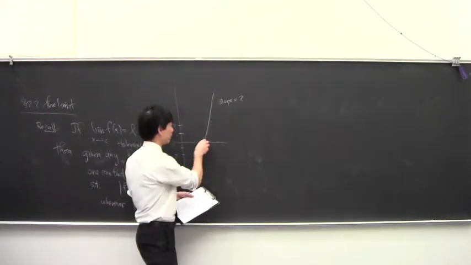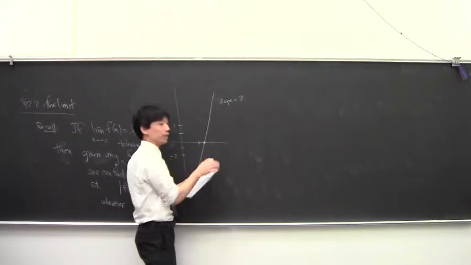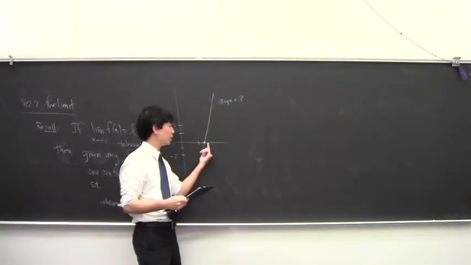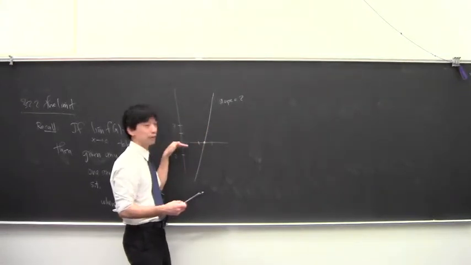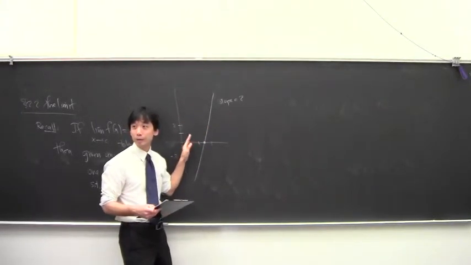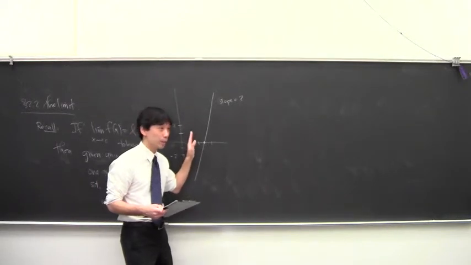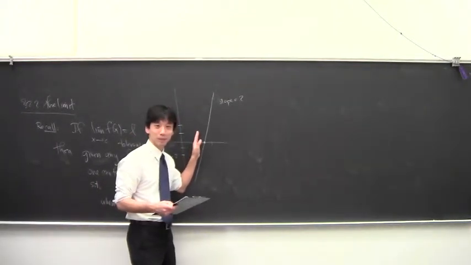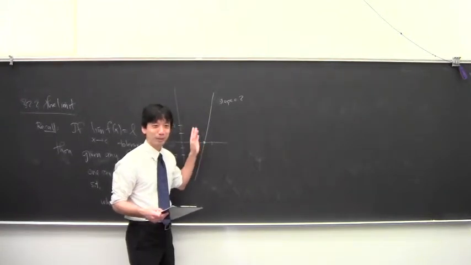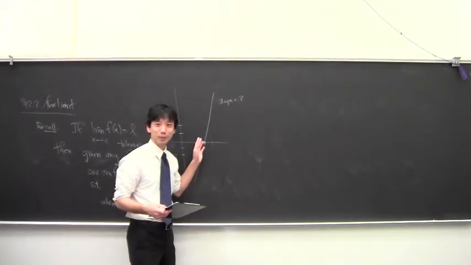That will be this point plus 1, this point minus 1. As long as you stay within 1 of this point, the outputs will stay within 2 of 0. Everyone following that? Please stop me if you don't. I can't read facial expressions at all.